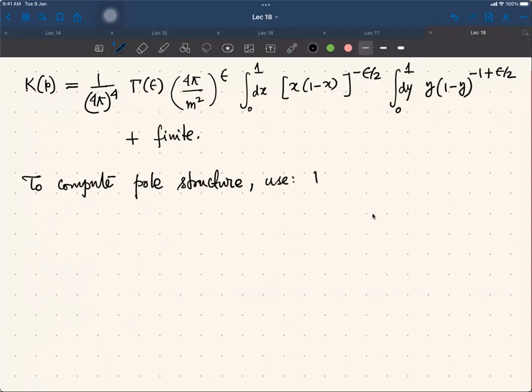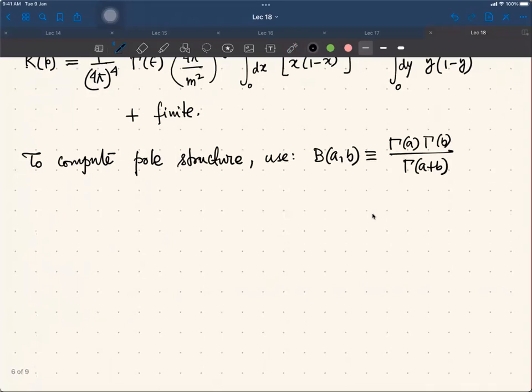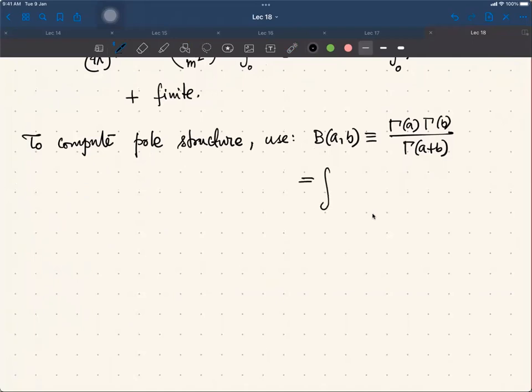use this beta function, which is gamma A, gamma B over gamma A plus B, and that's given by the integral of y to the A minus 1, 1 minus y to the power B minus 1. Using that, let us first look at the x integral.